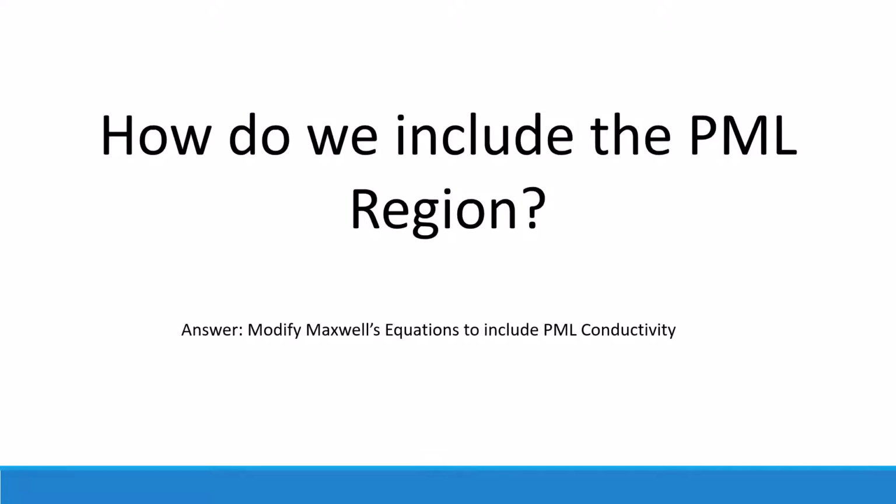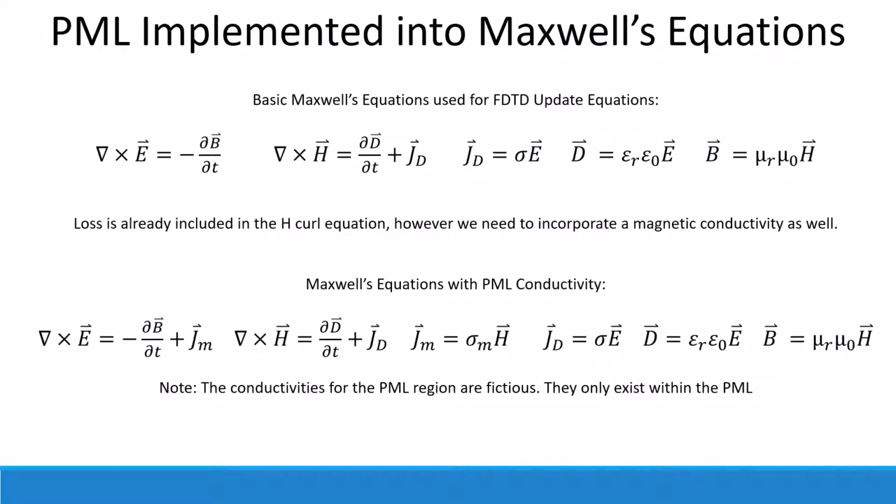So on top, we have the basic curl equations that are used to derive the FDTD update equations. As we can see, conductivity is already present in the H curl equation based on the displacement current. So we can similarly introduce a magnetic conductivity.